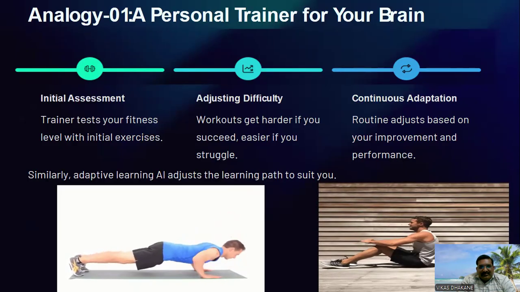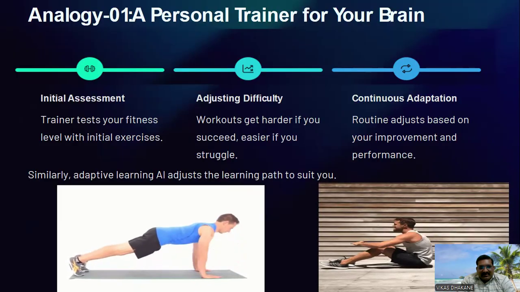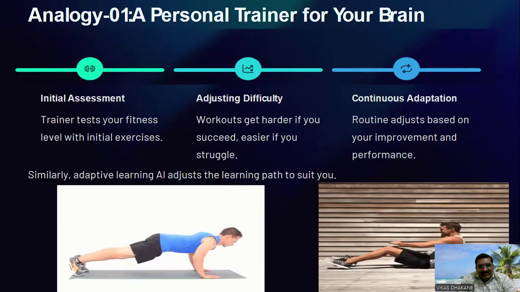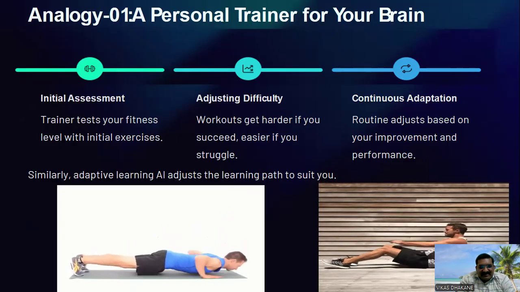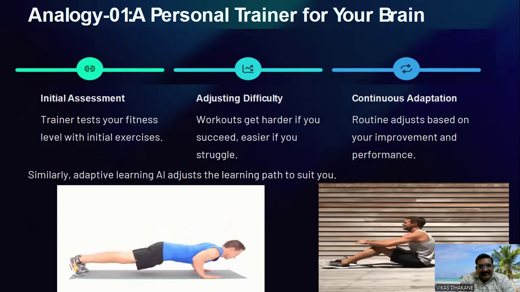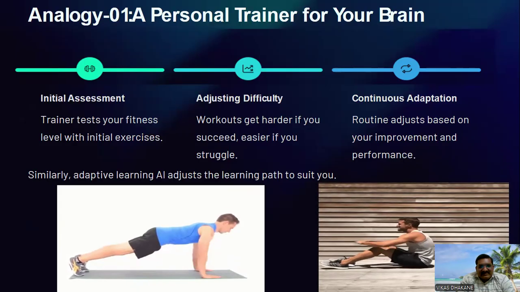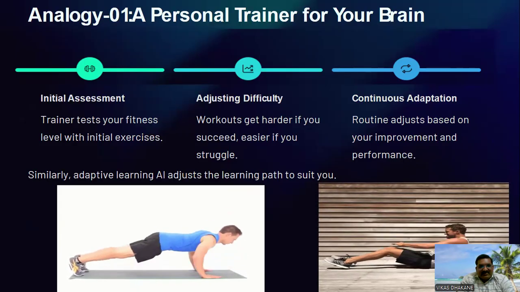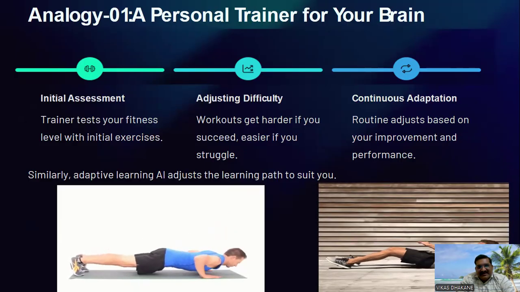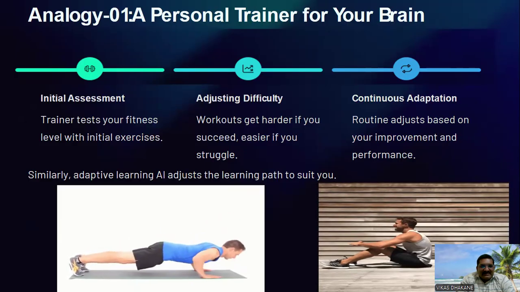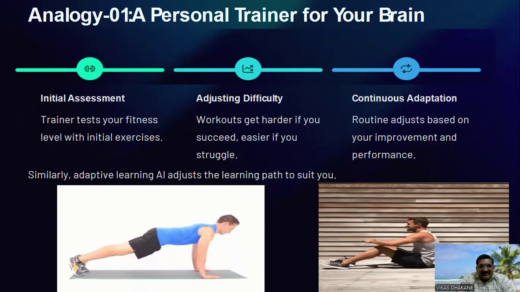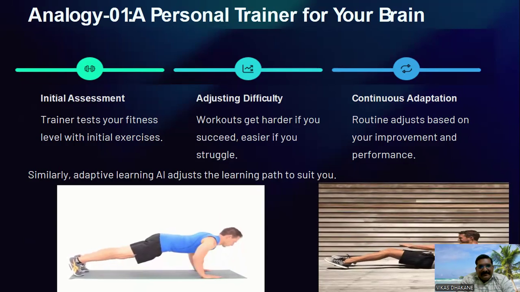When you go to any gymnasium center to join the gym, the first task that takes place there is that the trainer tests your fitness, and after the trainer tests your fitness, accordingly the trainer suggests some exercises.